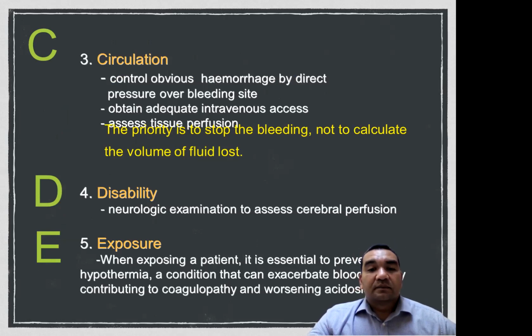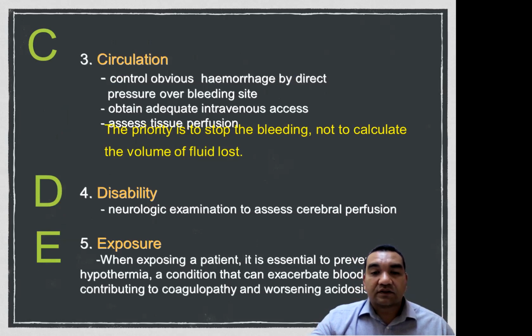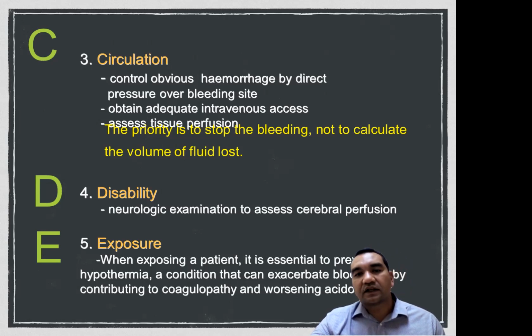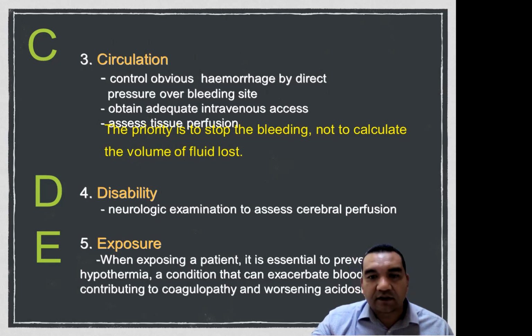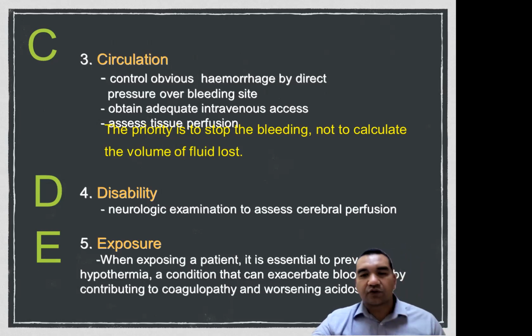Number four is disability, where we need to do a neurological examination to assess cerebral perfusion. This might be a bit tricky because class 3 or class 4 shock will alter your mental status as well. However, by proper examination and assessment, you can differentiate whether the altered sensorium or GCS is due to TBI or due to the hemorrhagic shock itself.